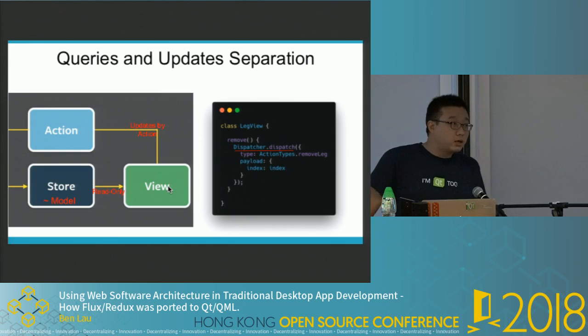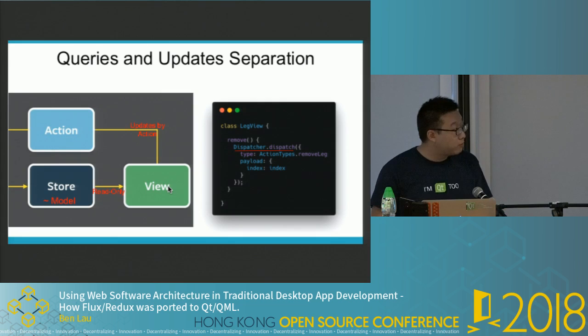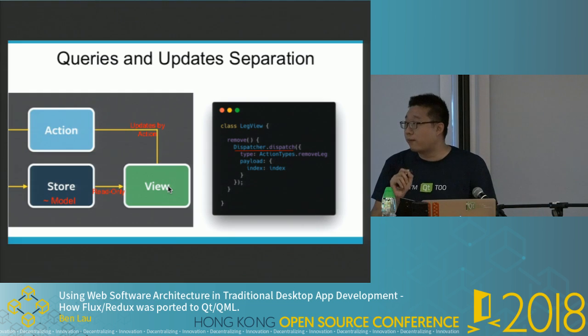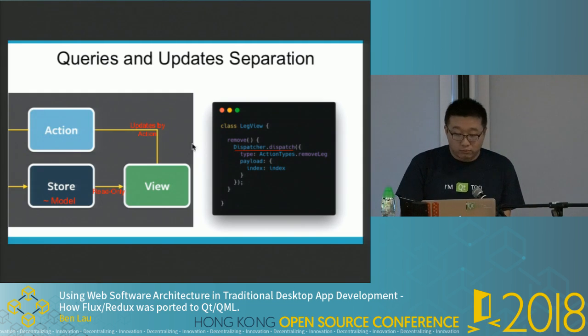The store is similar to the MVC model, but there's some difference here. First of all, it is read-only from the view. In traditional MVVM or MVC, the model could be updated by the view directly, but in the Flux framework, it's not allowed. What you can do is send an action.